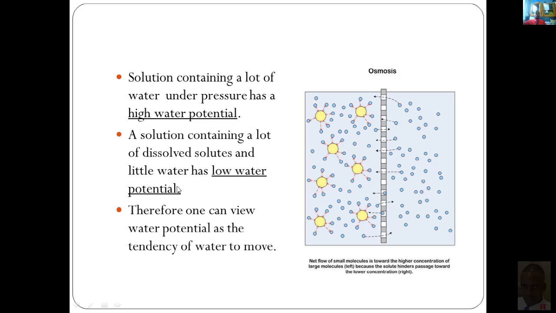So when it is a solution that has a little bit of solute and a whole heap of water under pressure, it is high water potential. The highest water potential you can get to is 0, which means you have pure water. So a solution containing a lot of dissolved solutes, for example a solution of salt and water with a whole heap of salt and a little bit of water, has low water potential. It's important that you understand that.